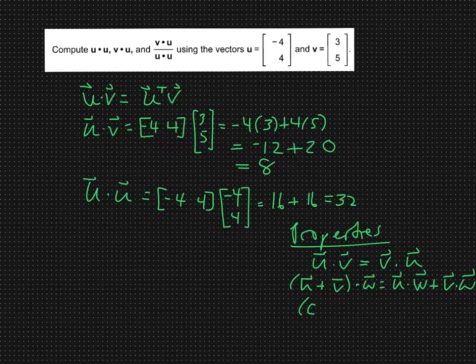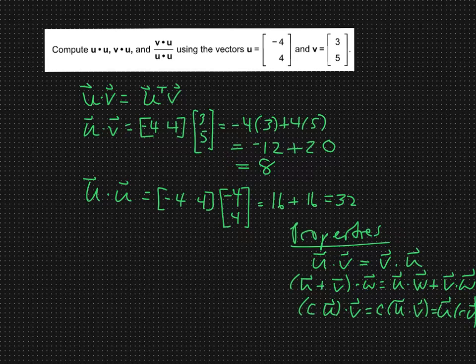And then we also have associativity. If c is a constant, then c times u, dotted with v, gives you the same thing as c times u dot v, and also the same thing as u dotted with c times v. So basically you can move that scalar in and out.